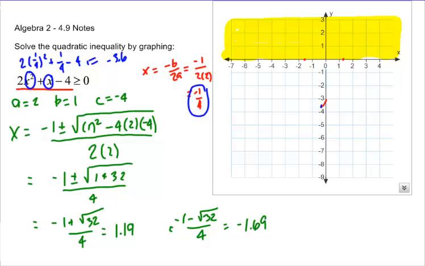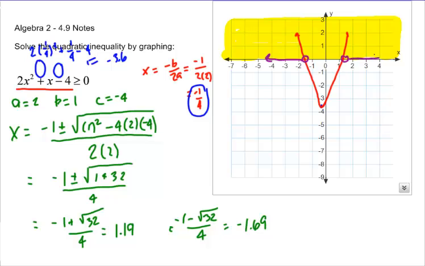Now, the thing that we want to do is know where our graph is above the x-axis. And from this point to the left and from this point to the right, the graph is above the x-axis, and that is where the solution is.